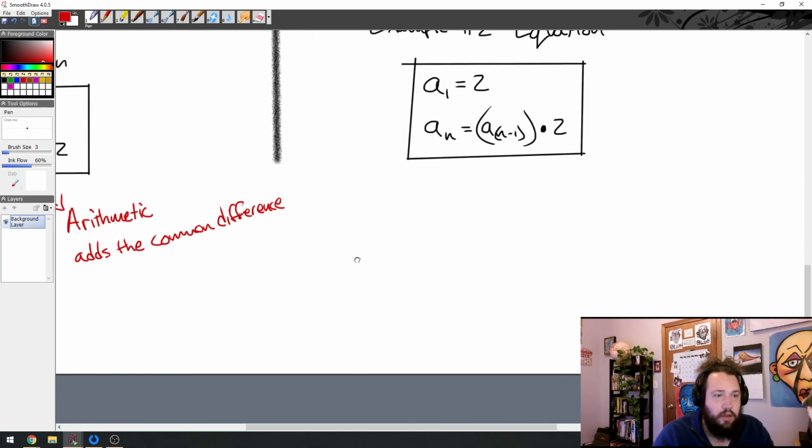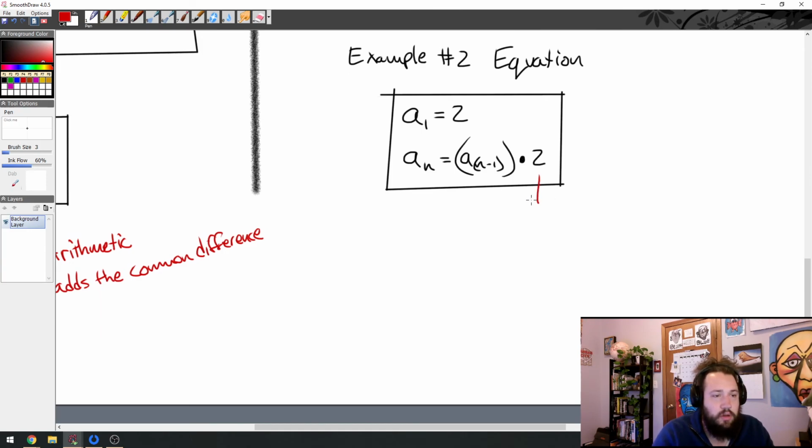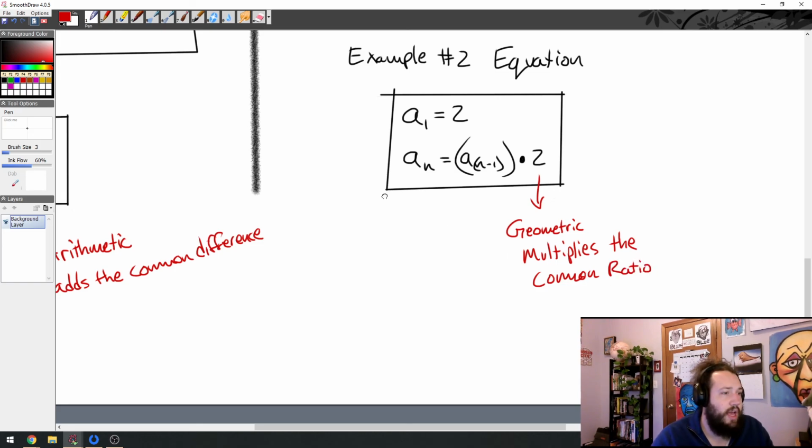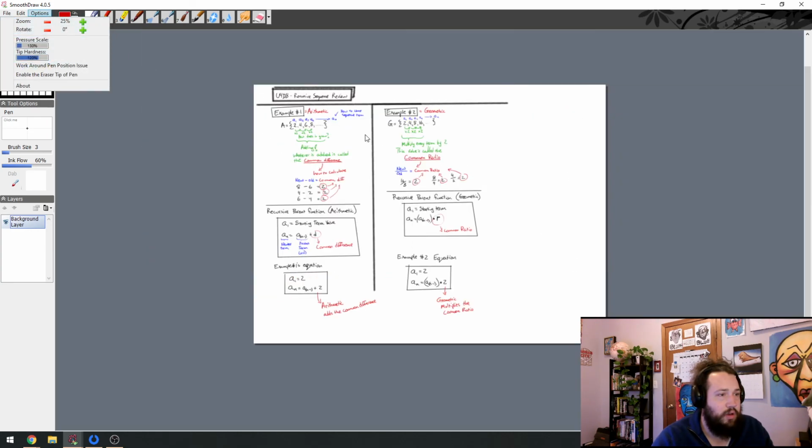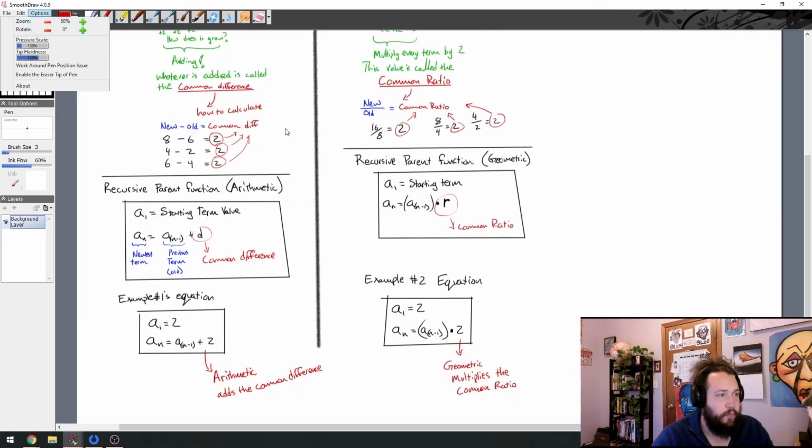Geometric multiplies the common ratio. Okay? So that's what we got overall for our review on recursive sequences here. Hope that helps.